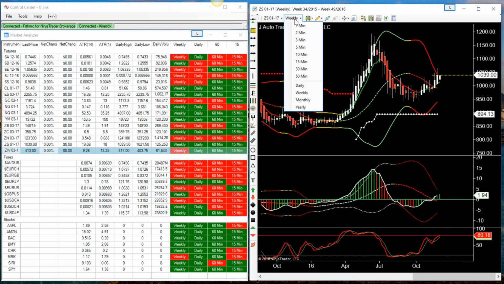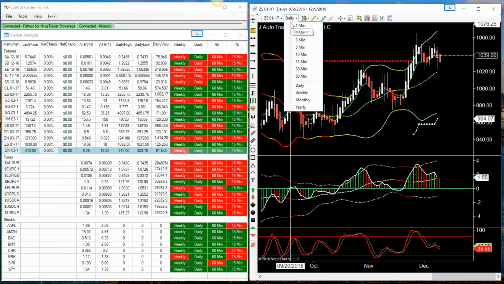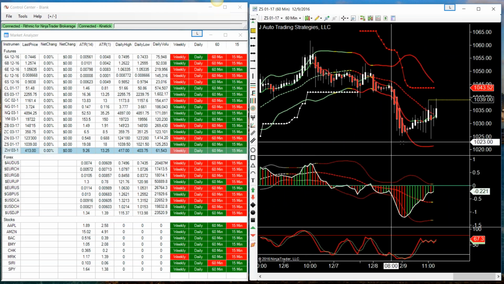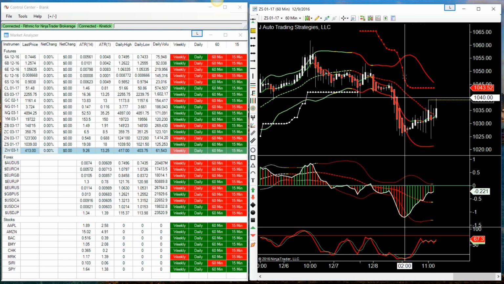So to trade this on a smaller time frame, that's what we look for our positions. We want to make sure that price is weekly, daily, 60, 15 and moving in our direction for taking the trades. So getting down on a lower time frame, buying low, selling high.